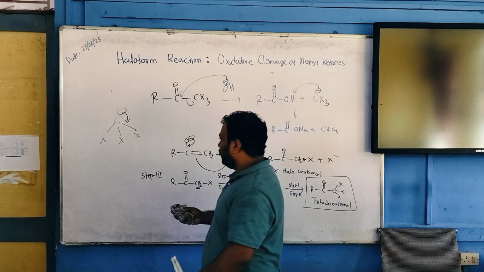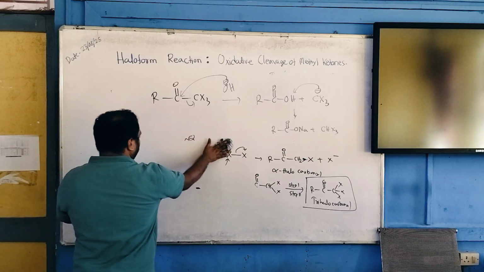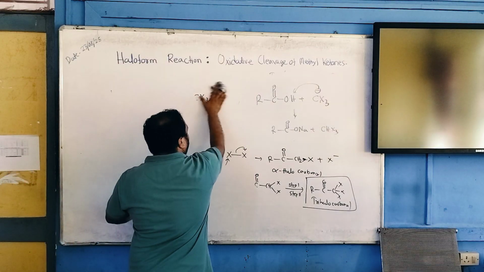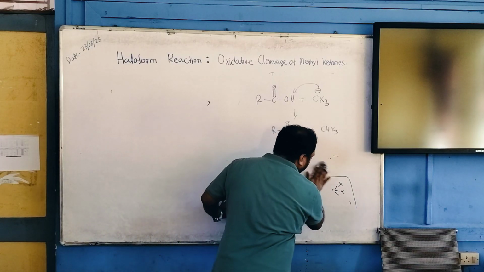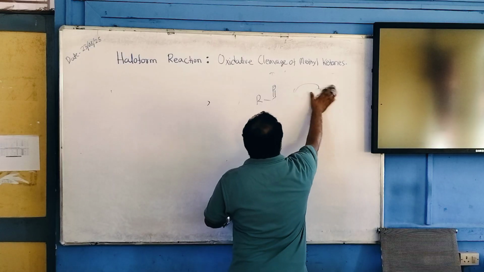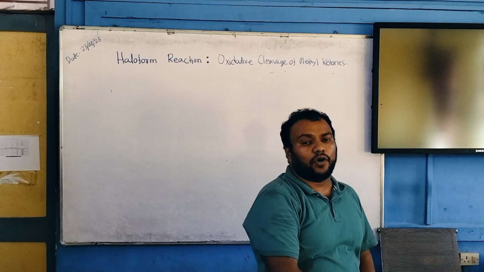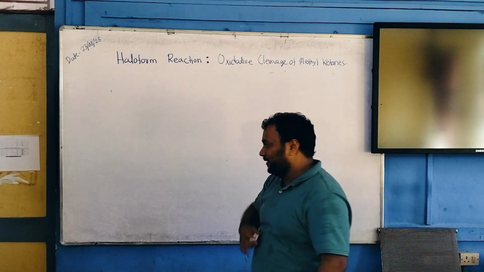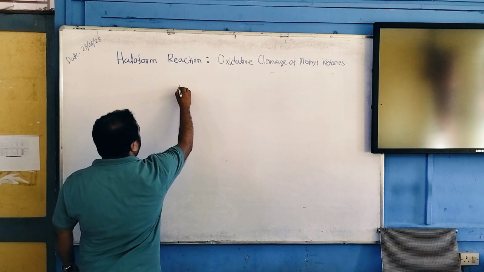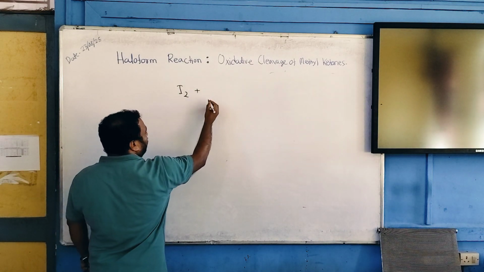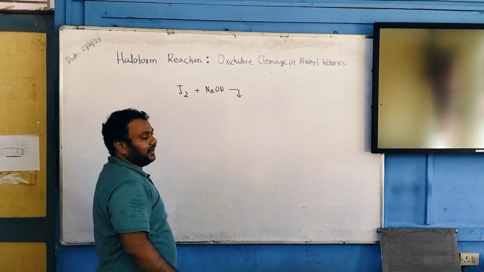Okay. So now we know what the haloform reaction is and what its mechanism is. Before going to the synthetic application, let me also tell you, the haloform reaction is not only for carbonyl compounds with a keto-methyl group. It is also applicable for alcohols. Now let me tell you. When we treat iodine or chlorine or bromine with alkali medium, generally we take dilute and cold alkali medium.